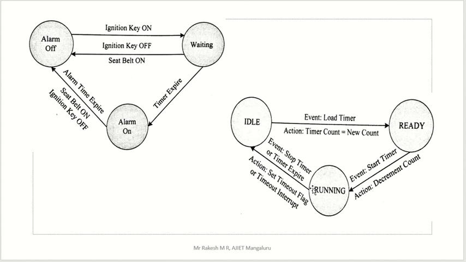That means you are going to put on your seat belt in this condition. There are three possibilities: either you put on the seat belt, or the alarm time will expire, or the ignition key is off. Any one of the conditions will happen to go from alarm on to alarm off condition. If any one of the conditions happens, then definitely it will go from alarm on to alarm off.